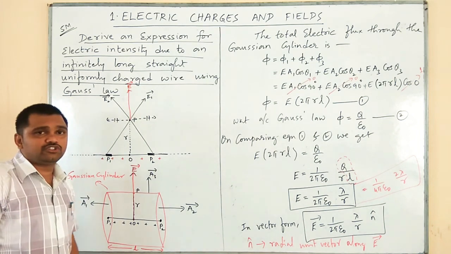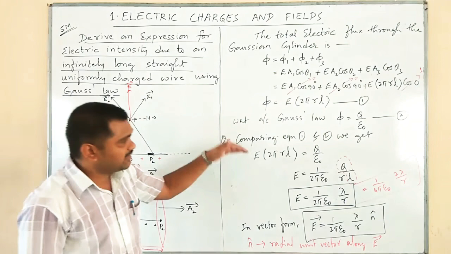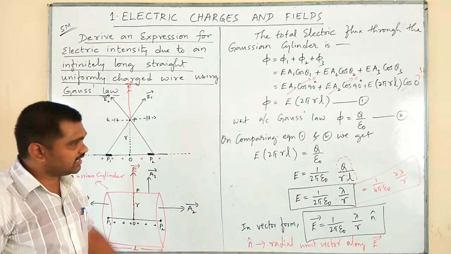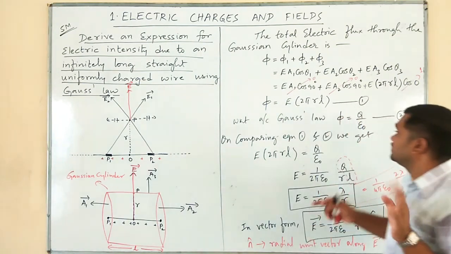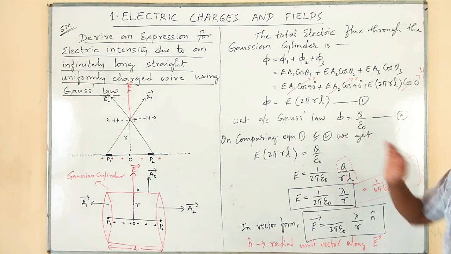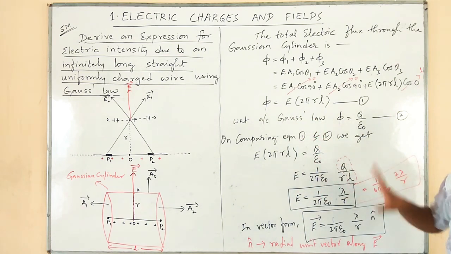The final rule one should follow is, we have to equate this total flux with the actual Gauss law. That is, phi is equal to Q divided by epsilon naught. See, I have equated and compared these two. LHS are same, so RHS has to be same.